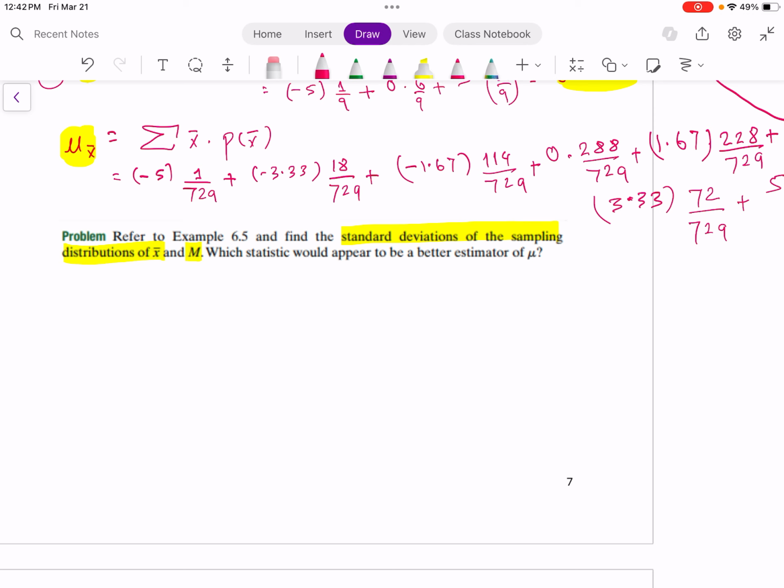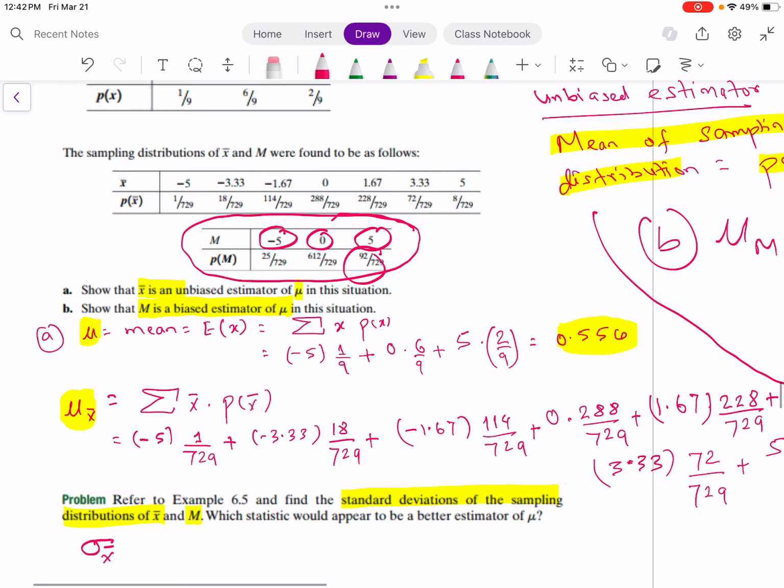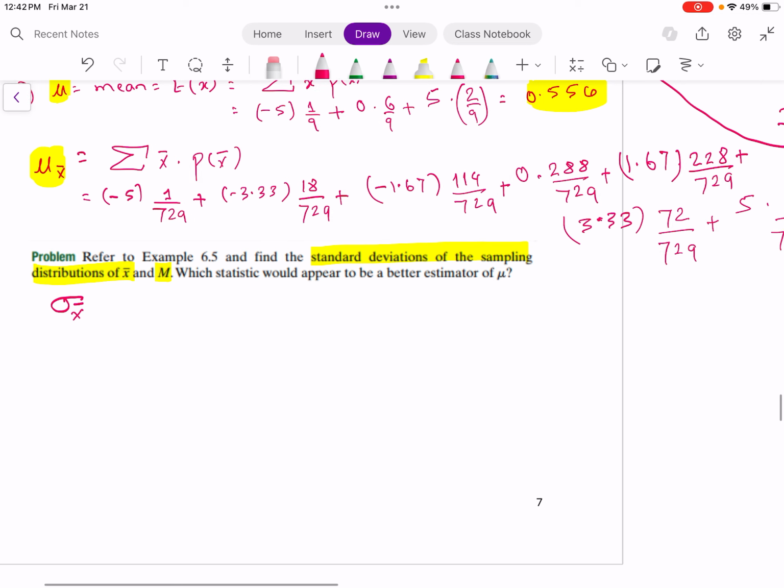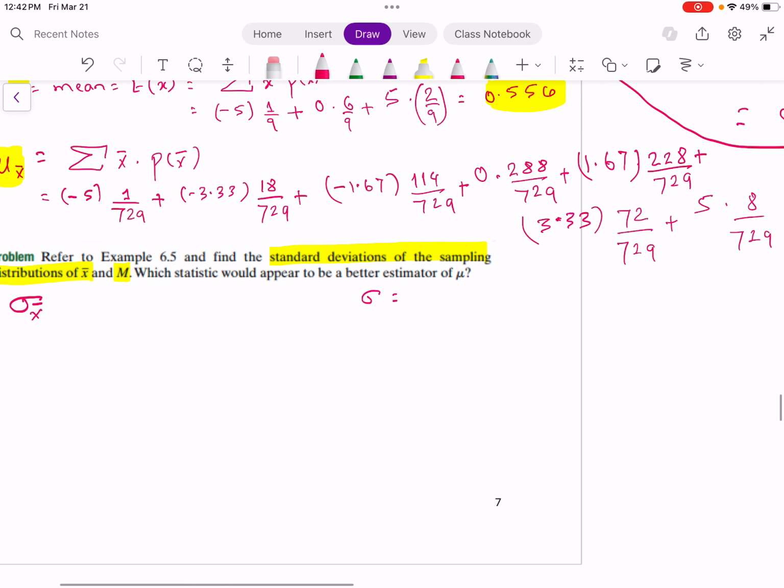So I want you to find sigma of X bar. We have this sampling distribution, so you find the standard deviation. Does anyone recall a formula to find sigma? It is the summation of x minus mu squared times p of x, right?